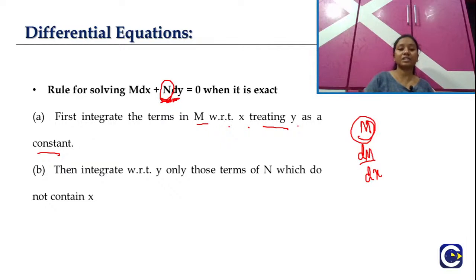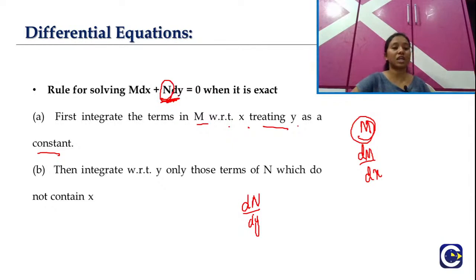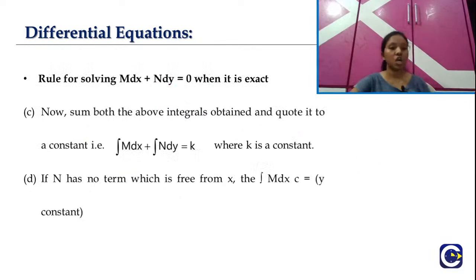In the second step, the same thing: we are going to integrate N with respect to y, while considering the x terms to be constant. In other words, we are doing partial treatment, considering the other variable constant.